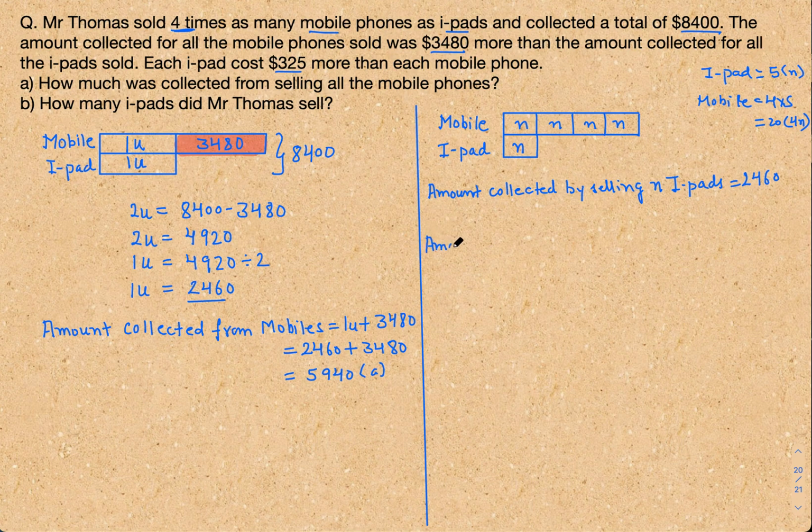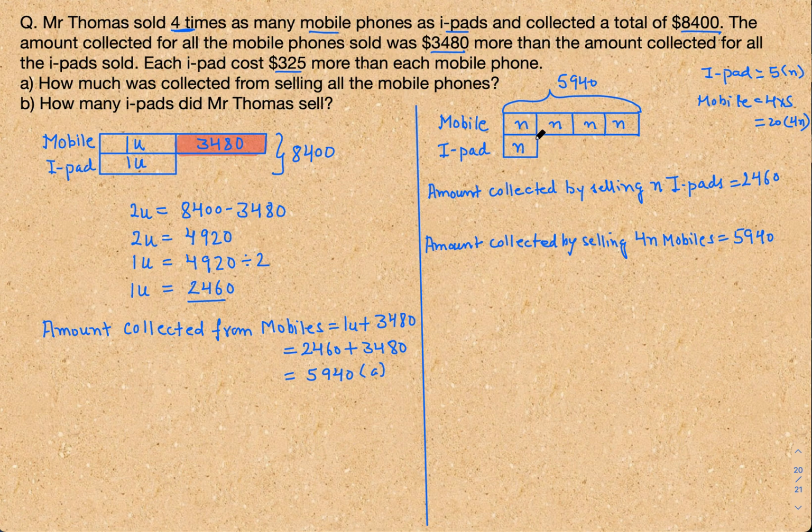So the amount collected by selling 4n mobiles is equal to 5940.